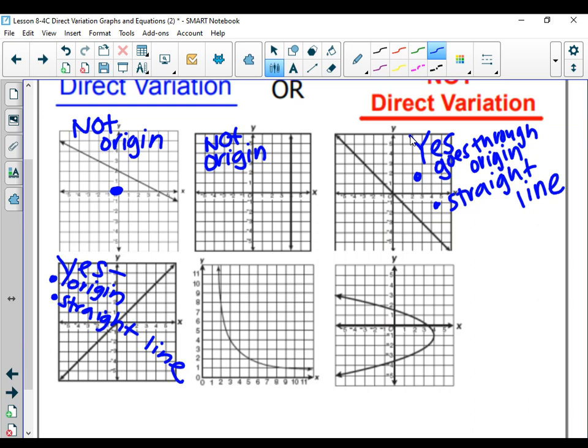Sophie, why do you think she didn't pick this one? Godiva, why didn't she pick this one?